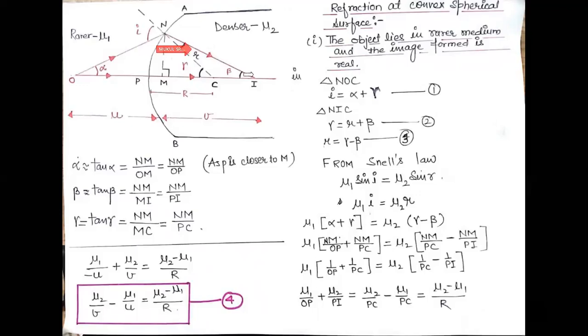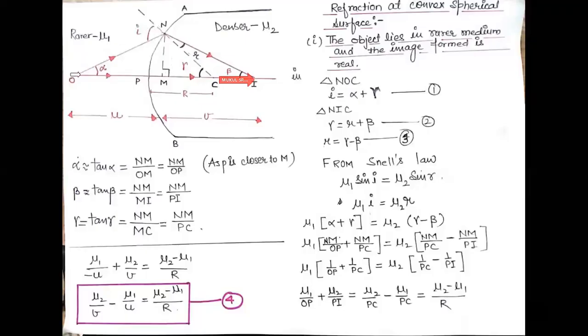Due to this ray, the image of this object is formed at I. Clear? Now this normal, as per the rule, passes through the center of curvature, that means at C. Now this NC makes an angle gamma with the principal axis. That is clear.